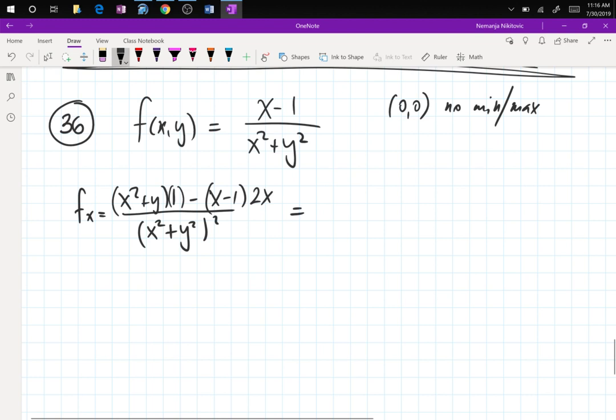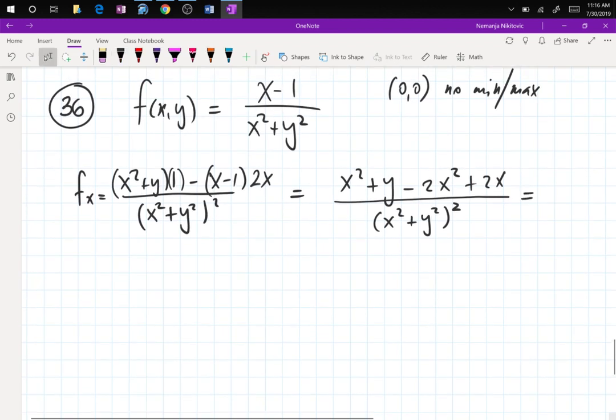So we have x squared plus y squared minus 2x squared plus 2x divided by x squared plus y squared squared, equal to 0, right?